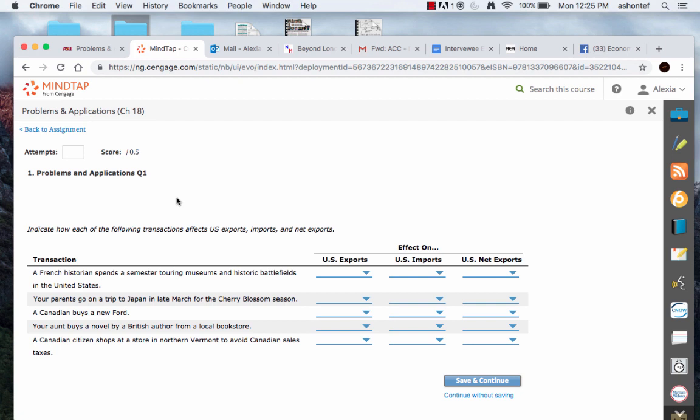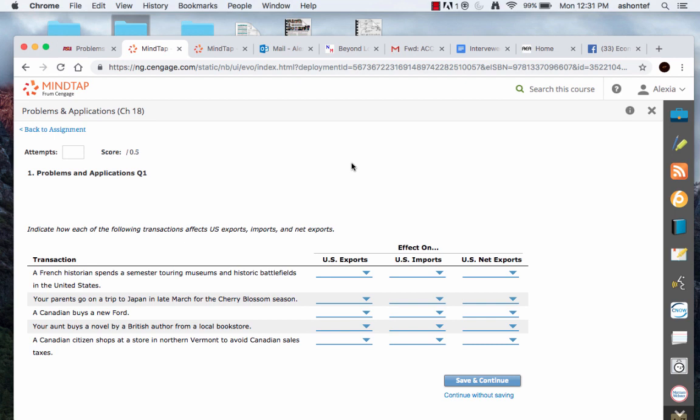And the US net exports would be where we take the difference between the value of the exports and we minus out the imports. So it's exports minus imports.